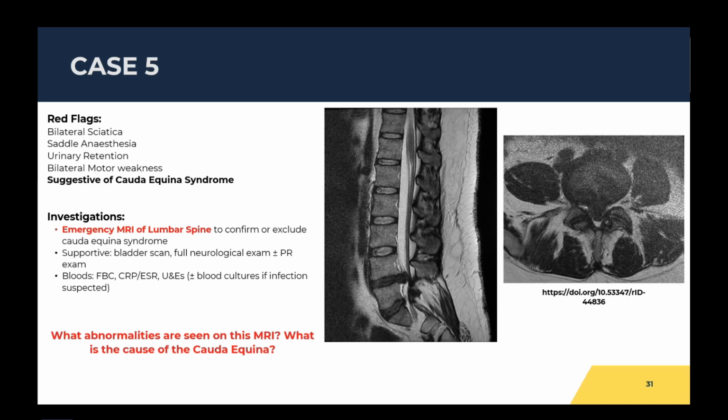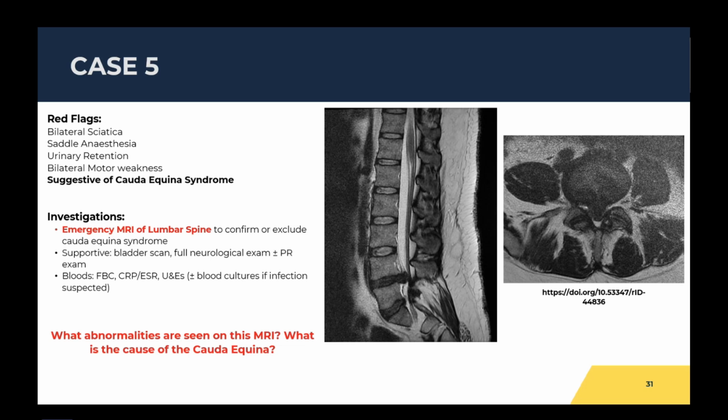In terms of the investigations, the number one first line investigation is an emergency MRI, because Cauda Equina is an emergency presentation, and you want to do an emergency MRI of the lumbar spine to be able to confirm or exclude it.